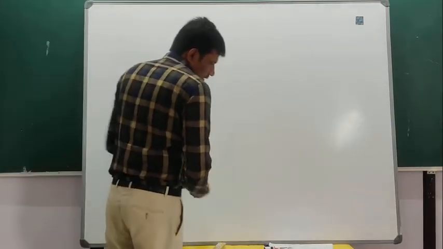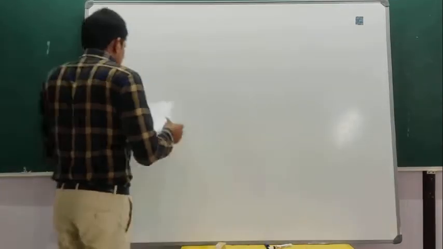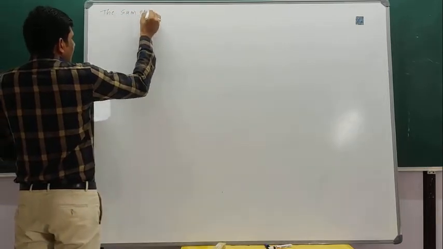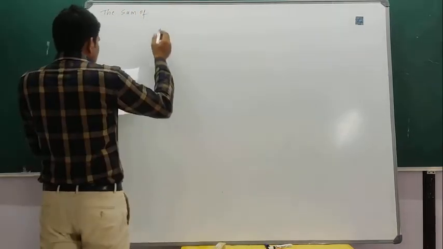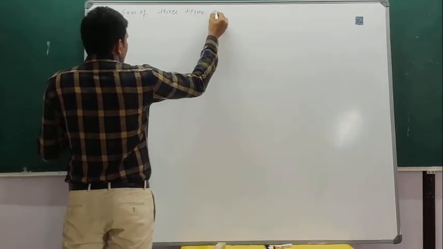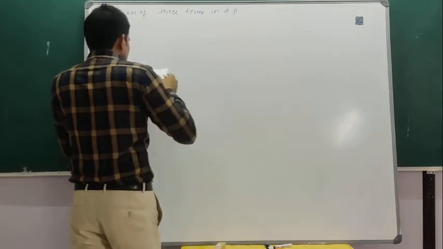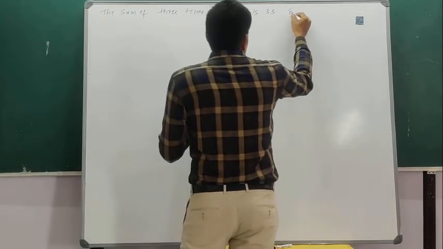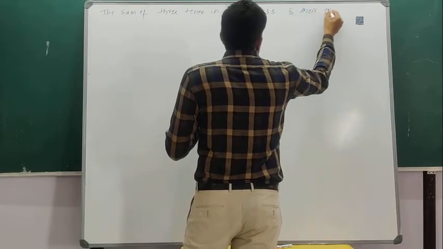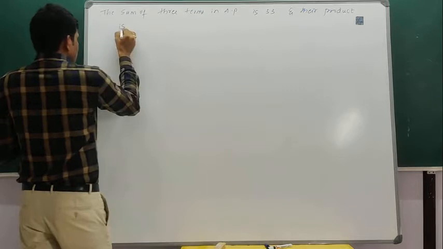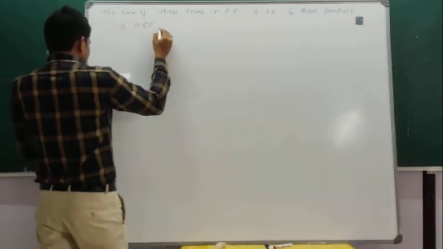See, the sum of three terms in AP is 33, and that product is 1155.